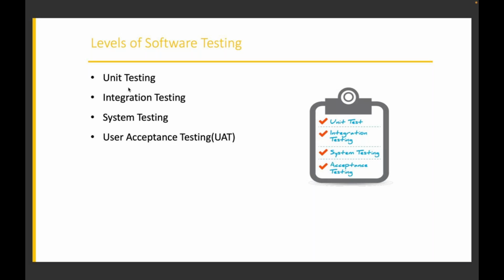After that we jump to integration testing, and after that system testing, and at the end UAT, guys. So these are the four different levels of software testing through which usually any web application moves: unit, integration, system, and UAT.